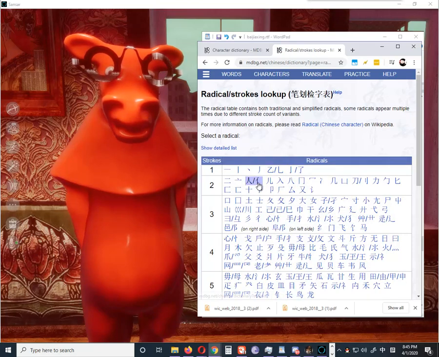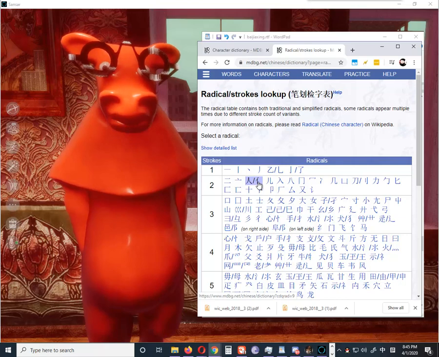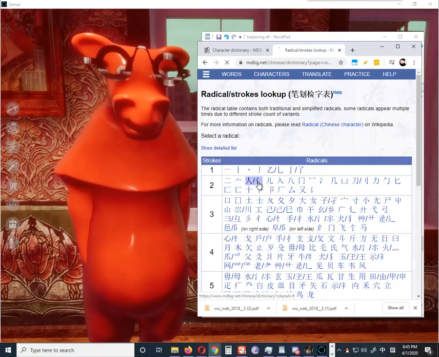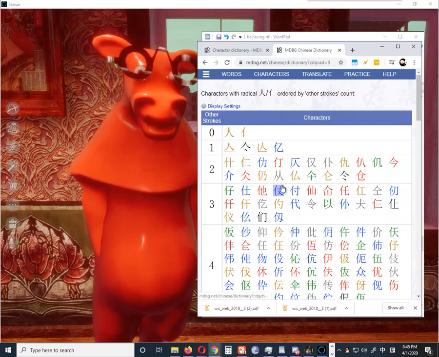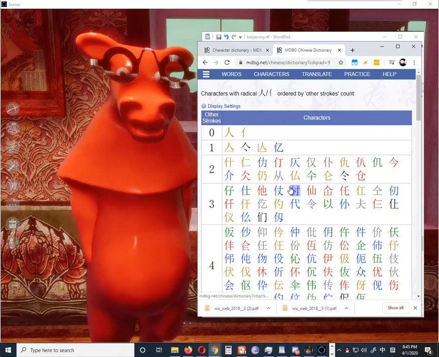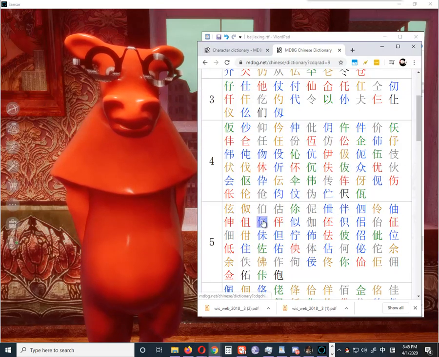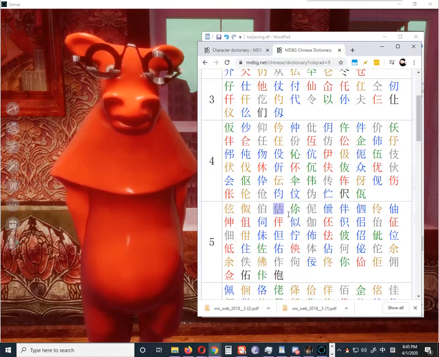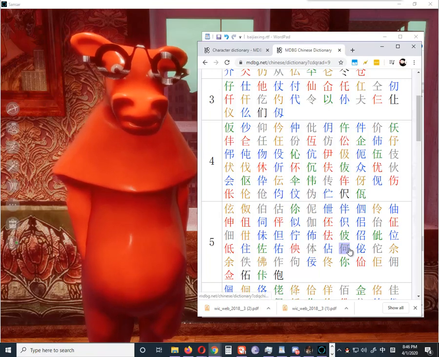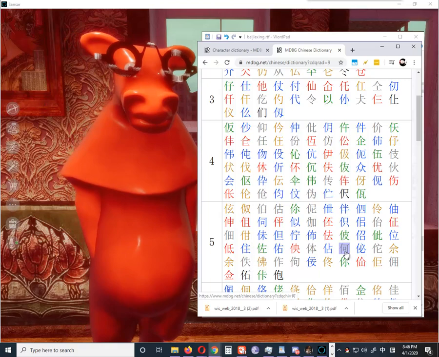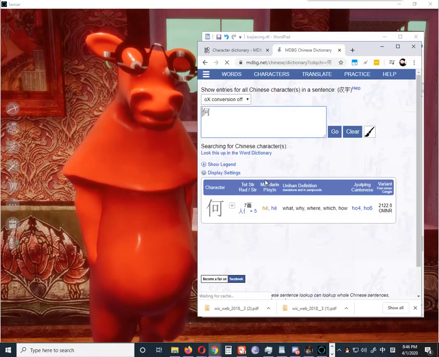It's got this guy, which is the Rinzapang, the man radical next to it, and then it's got a k, and the k has 5 strokes, so we should find it here. Lo and behold, ladies and gentlemen.